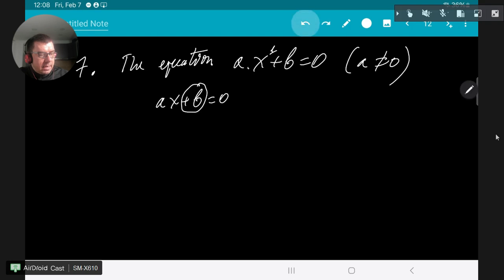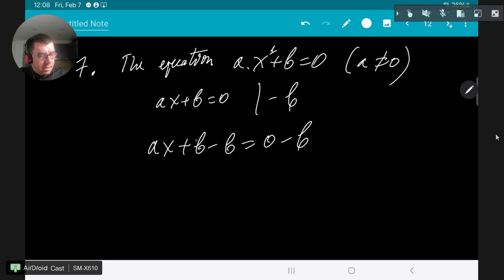But technically, what we're actually doing is we are going to subtract b from both sides of this equation. So I'm going to subtract b on both sides, and I get ax plus b minus b equals 0 minus b. This will cancel, and I get ax equals minus b. Okay? Now the same procedure applies with a.